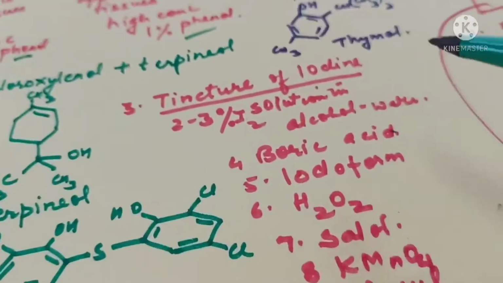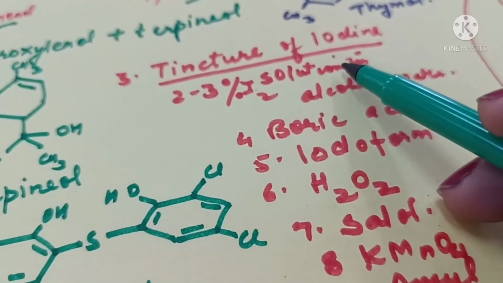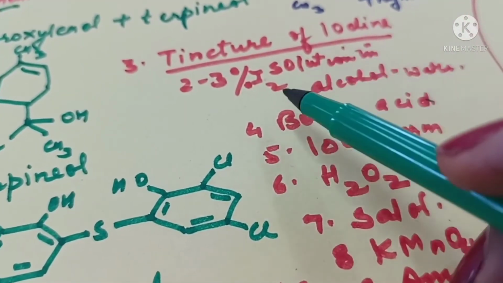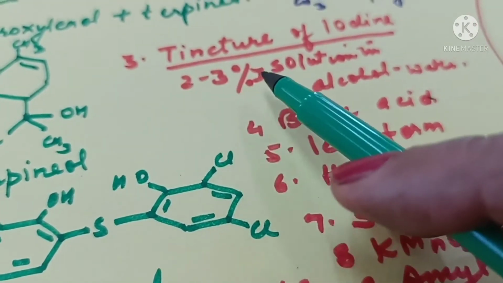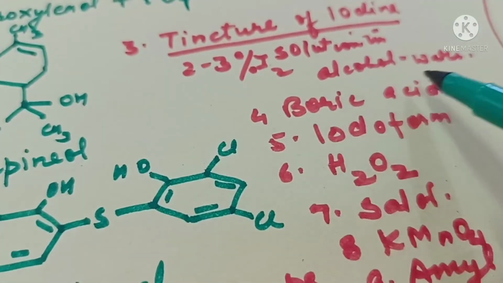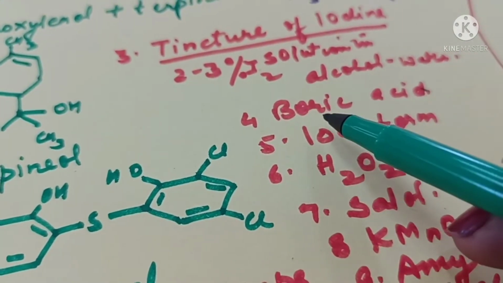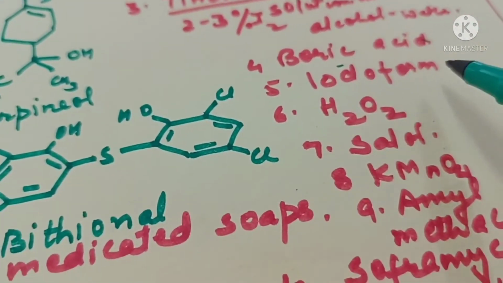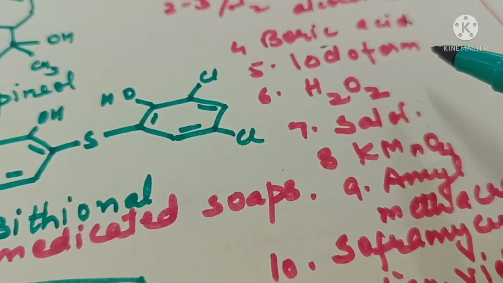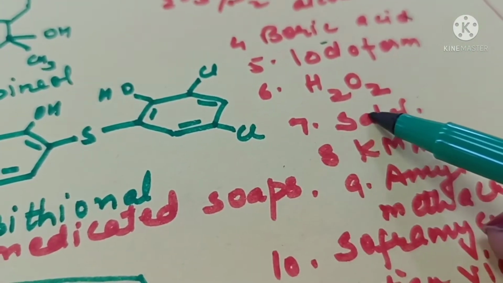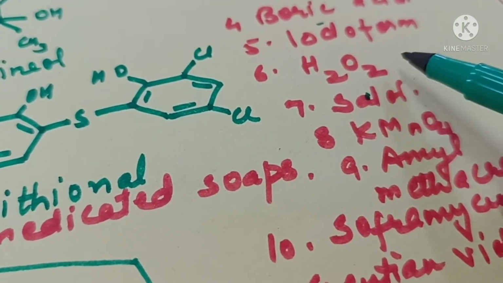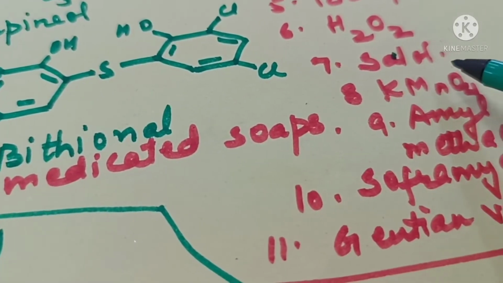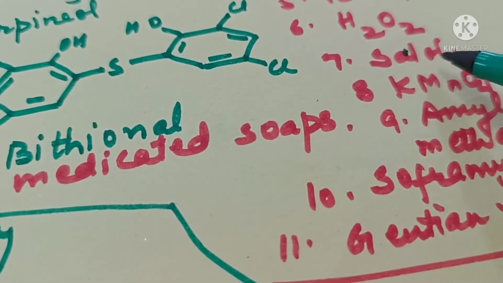Then we have tincture of iodine. It's also an antiseptic solution. It's a 2 to 3% iodine solution in alcohol water mixture. Then boric acid can be used as mild antiseptic. Iodoform can be used for treatment of wounds. Hydrogen peroxide is used under the name perhydrol. Salol is used in mouth ulcers.